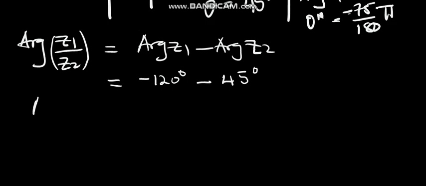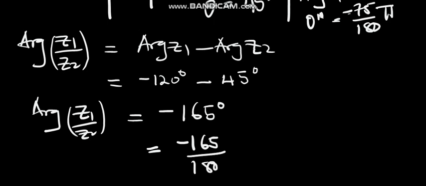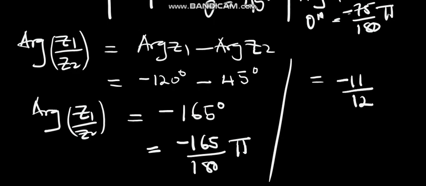Therefore, the argument of z1 out of z2 is the same as negative 165 degrees. So we have to turn it in radians. So it is 165 out of 180, then a pi. So if we compute that one, we shall get negative 165 divided by 180, and the result will be negative 11 out of 12 pi.